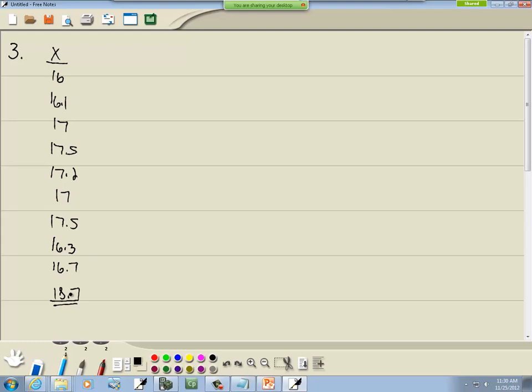I should have these in my calculator because I've done this problem with the classical approach by hand. So let me double check. I deleted them. That's not good. So let me put them back in there.